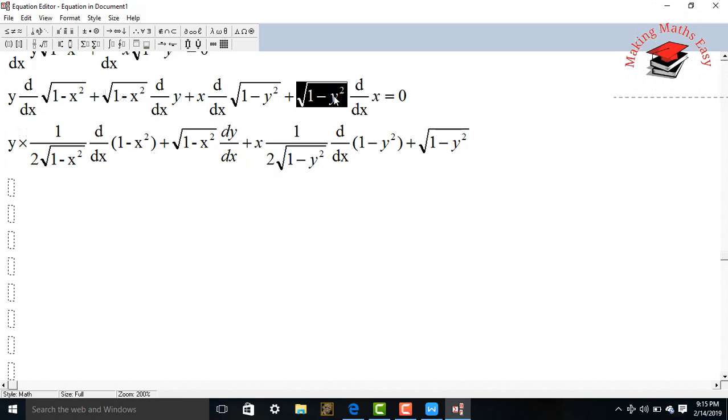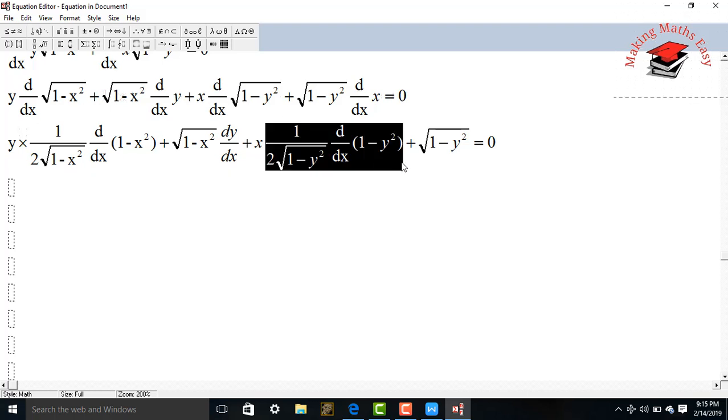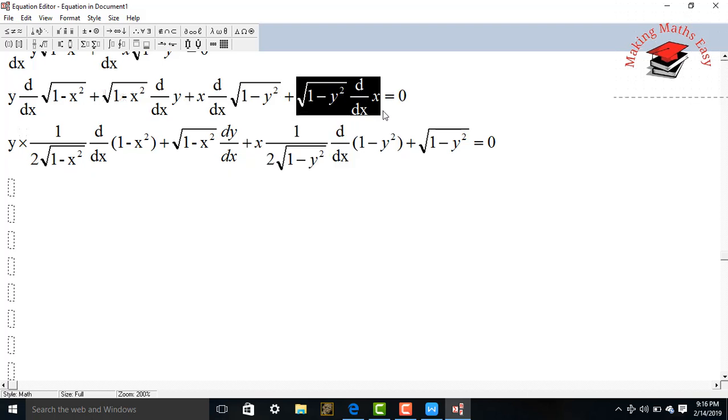You can write square root of 1 minus y square in this case, which is equal to 0. So we have 4 terms. This first term's derivative is this, this second term's derivative is this, this third term's derivative is this, and the last, fourth term's derivative is this.